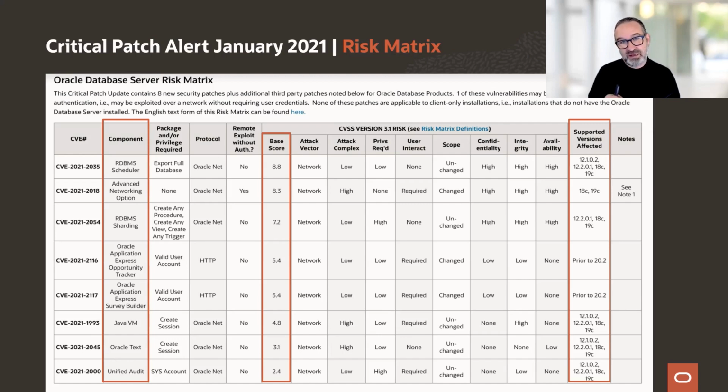Then next thing, which is really important, on the right side of the slide, the supported versions affected. Because now you can get an idea if your version will be affected. When it says like here, the first one, 12.1.0.2, 12.2.0.1, 18 and 19, I can almost certainly guarantee you that this issue applies to 11.2.0.4 and to 11.2.0.3 and to 10.2.0.5 most likely as well.